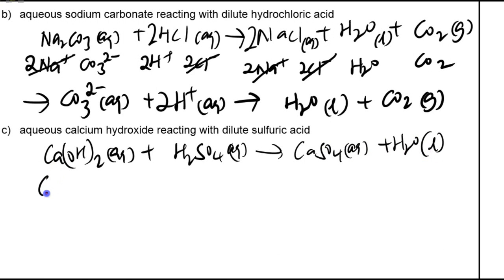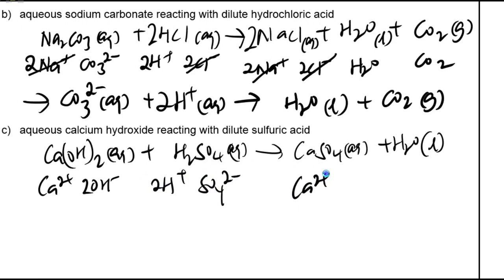So if we split now into ions, we have these ions, and the next step is to cancel out like ions. We cancel the sulfate.